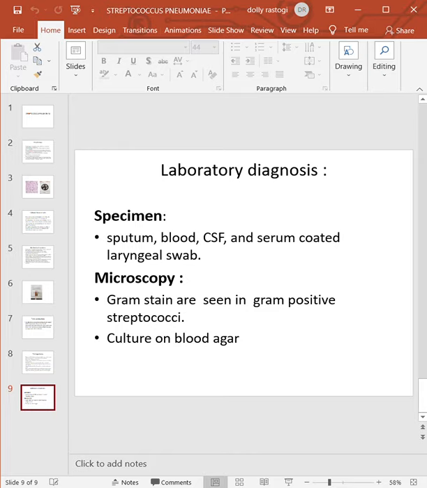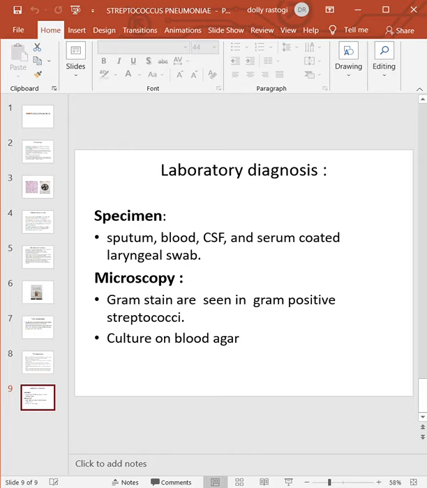In acute otitis media, the pneumococci may be seen in fluid aspirated from the middle ear.